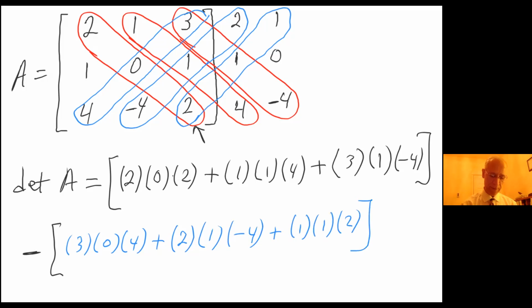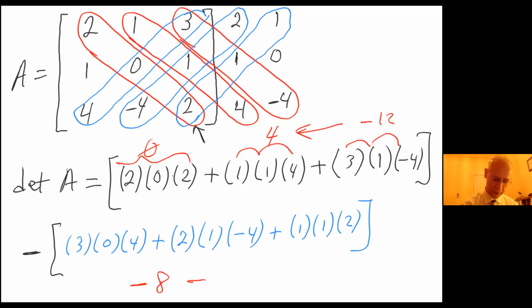Okay, well, let's simplify this. So all that equals, well, first of all, this is just a 0. Anything times 0 is 0. So 1 times 4, all this is a 4. And 3 times 1 times -4 is -12. -12 combined with this 4 gives me a -8. -8 minus, this minus is coming from here.